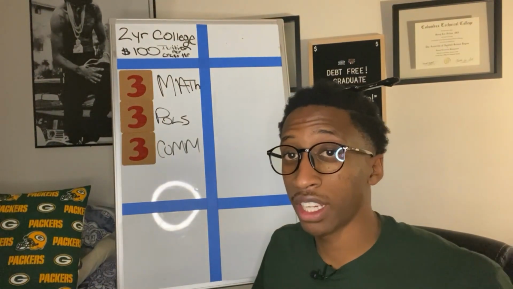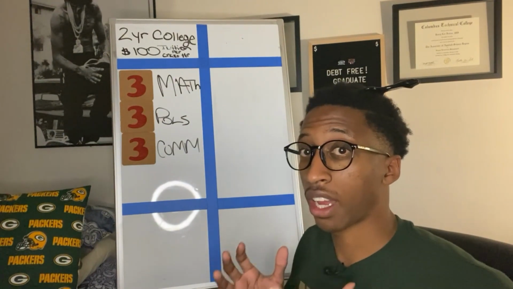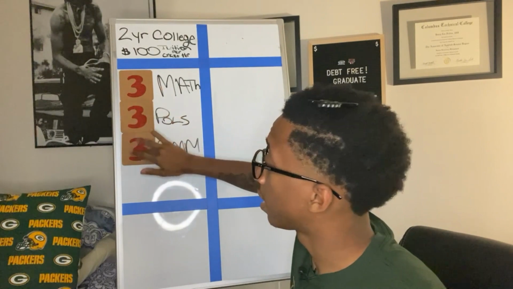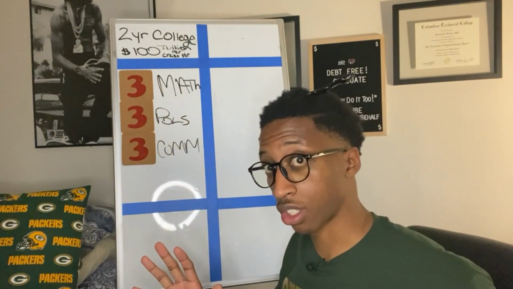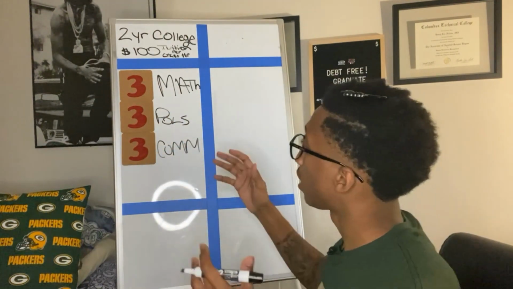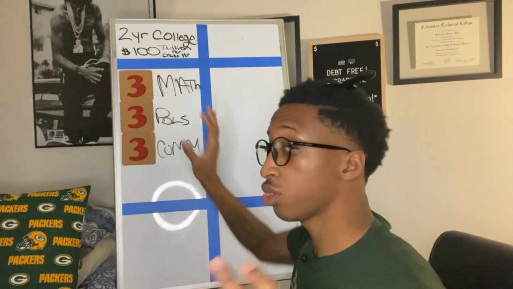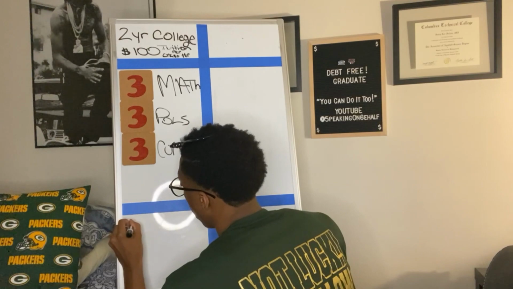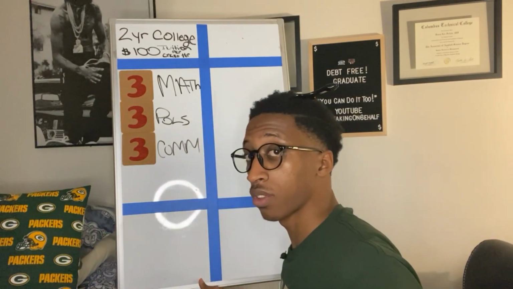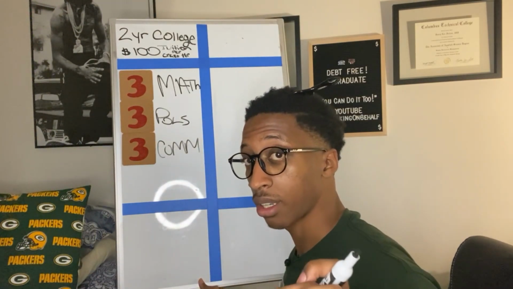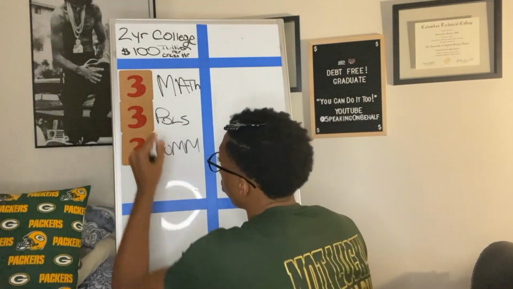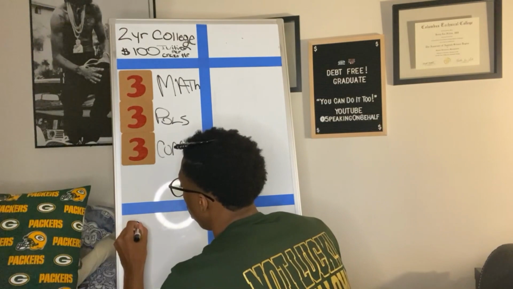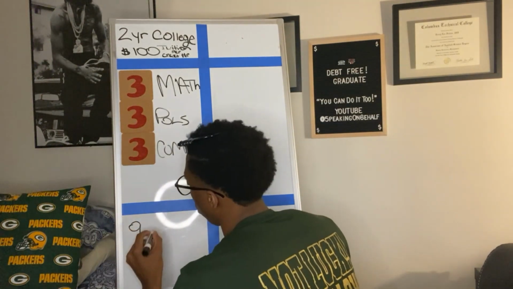So I showed you guys one example with a 12 credit hour schedule. Now I'm going to show you what it looks like with a 3, 6, 9 credit hour schedule. So you see the difference. Same concept. You're still at $100 per credit hour, but this time you have 9. With 3, 6, 9, you are technically a part-time student.